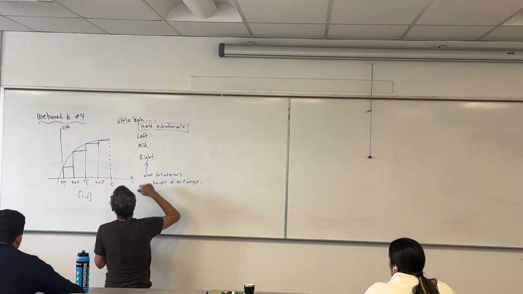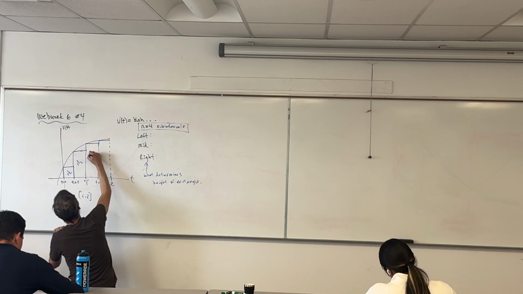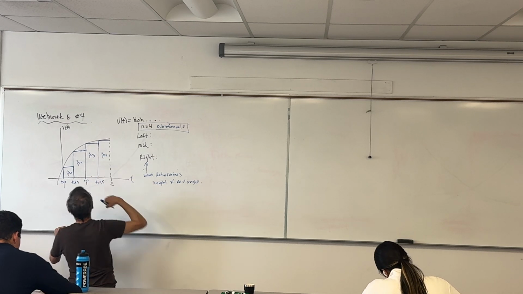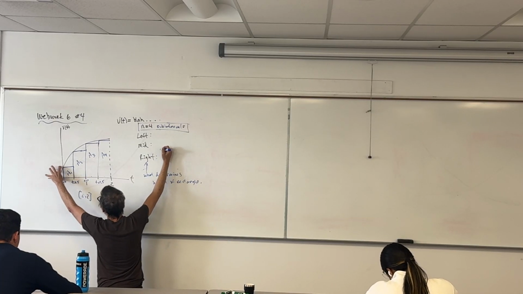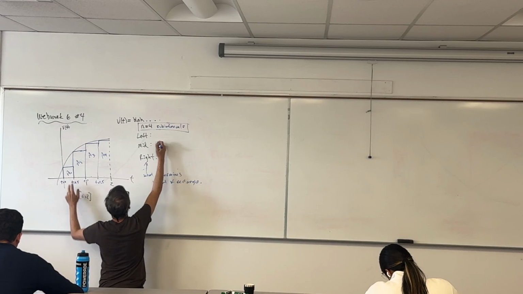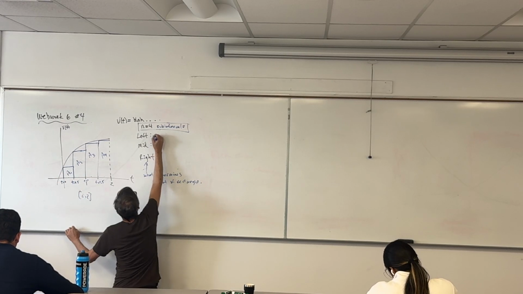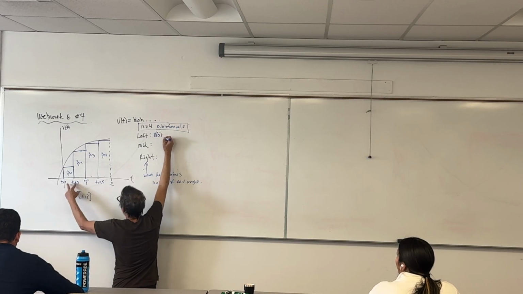So for this left endpoint rule, let's call this area 1, area 2, area 3, and area 4. What is that going to look like? It's going to be the height of the rectangle times the width of the rectangle. So here, the height is going to be v at 0 times the width of the rectangle.